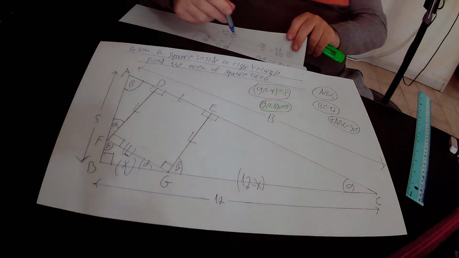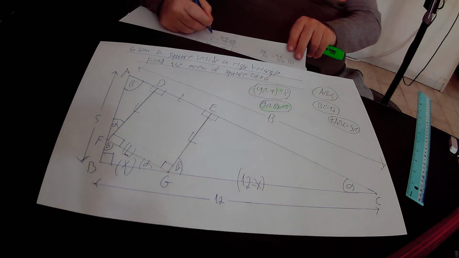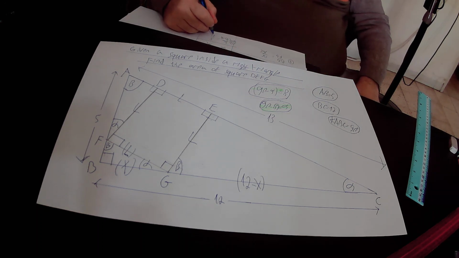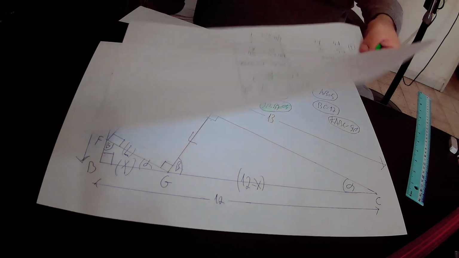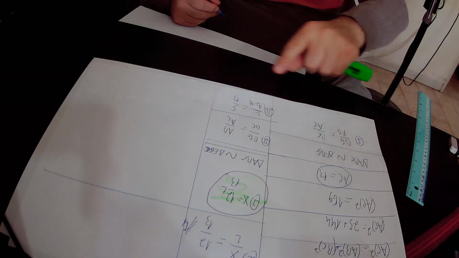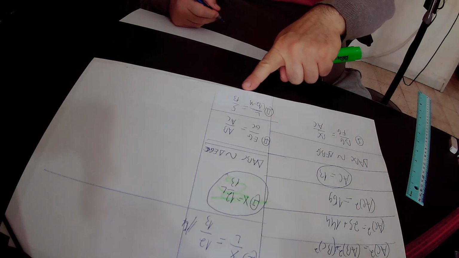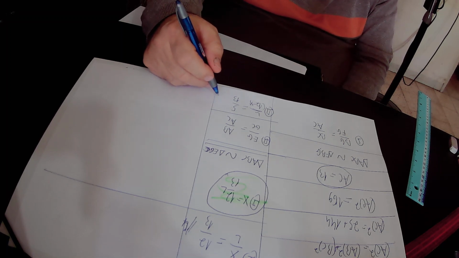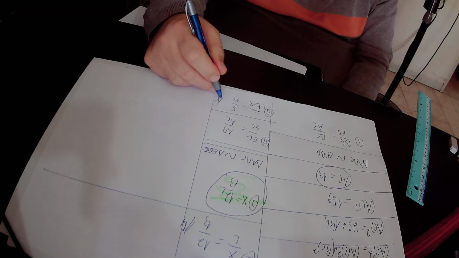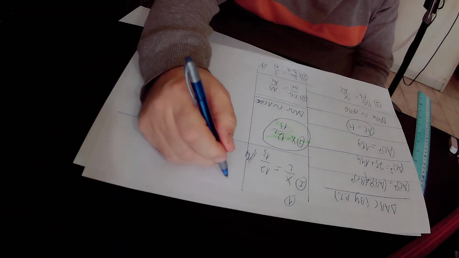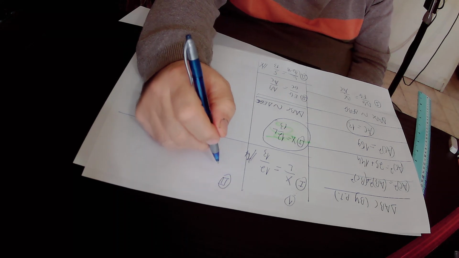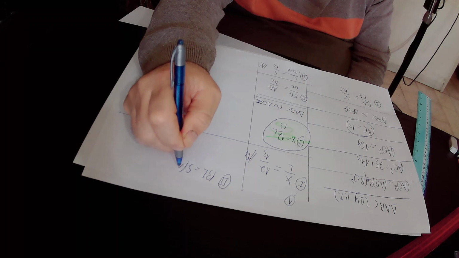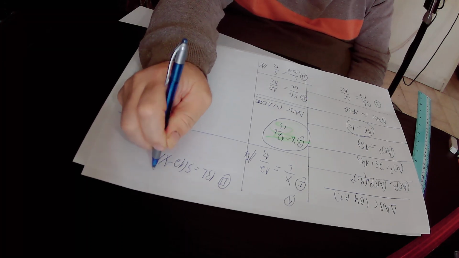AB is 5, and AC is the hypotenuse, that is 13. So according to equation 2, L over 12 minus X equals 5 over 13. Here we cross multiply, and we get that 13L equals 5 times 12 minus X.